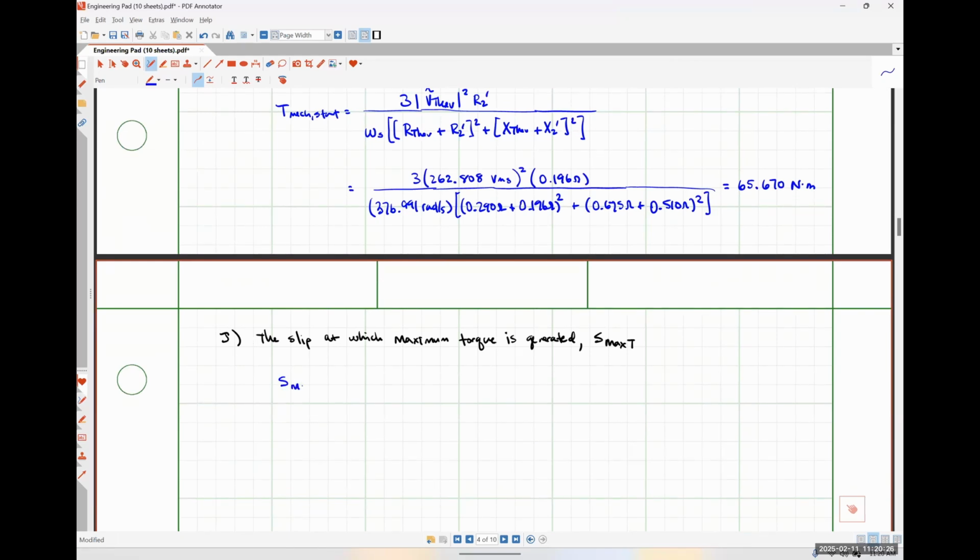We didn't really derive it, just told you how it was derived. So this was R2 prime over the square root of R Thevenin squared plus X Thev plus X2 prime, quantity squared.